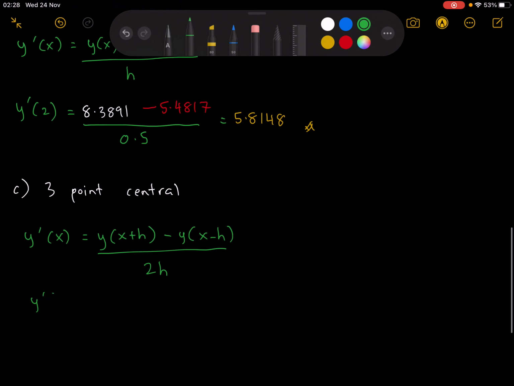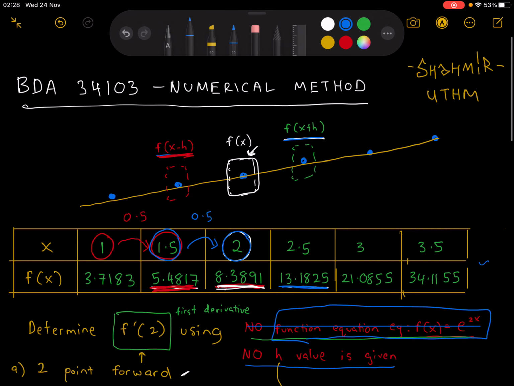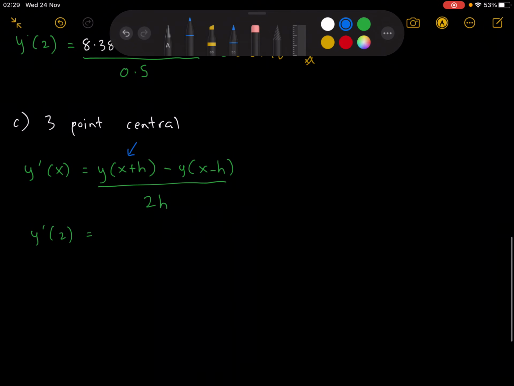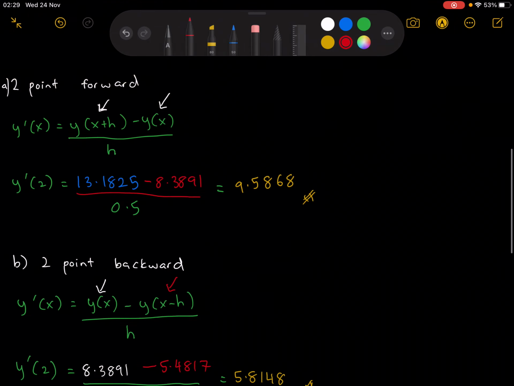So y'(2) is equal to, let's look at y(x+h). This is the area of y(x+h), which is 13.1825, minus y(x-h), meaning the point before the point of interest, which is this one, with the value 5.4817.